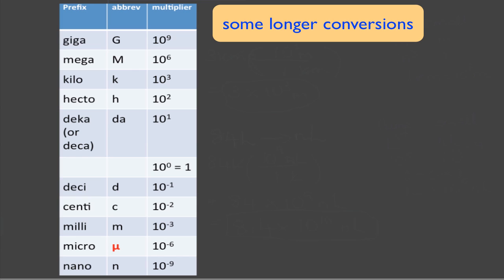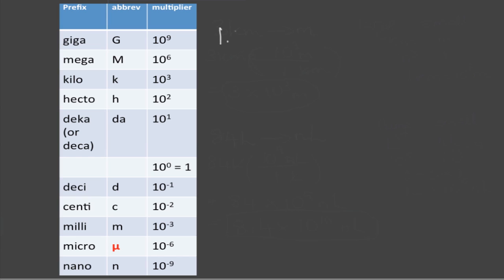Well, now we have some longer conversions to try. And for these, you really do need a method. The first one, 1.4 hectometers to millimeters. This is where the large and small really help.